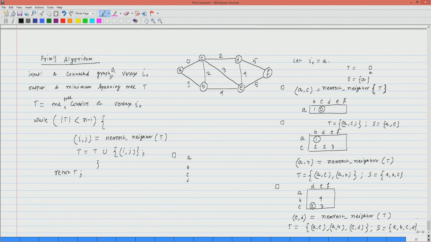A, B, C, D is in one part, and S complement is this. So, if you write it in the form of table, then what you get is that you have E and F on the other side, and you can see that the minimum one is CE definitely.